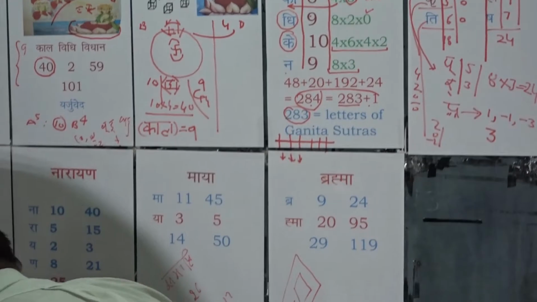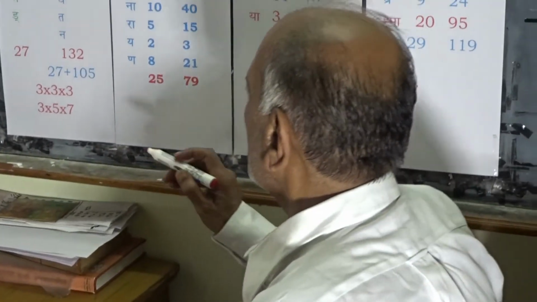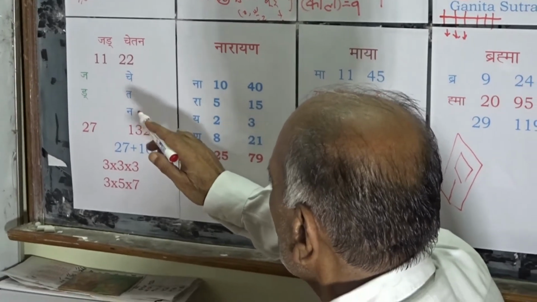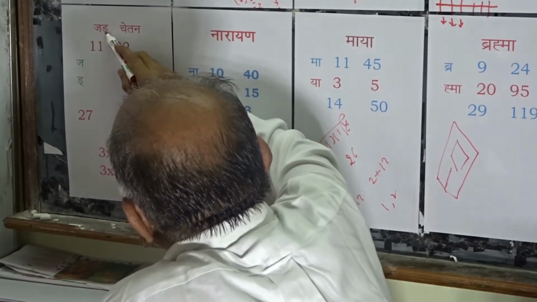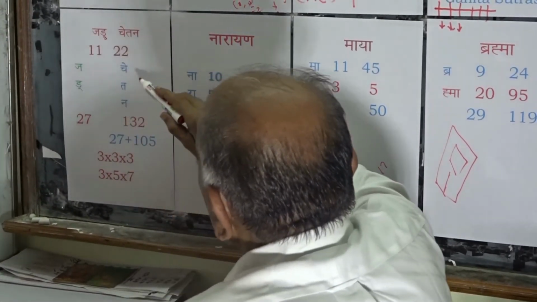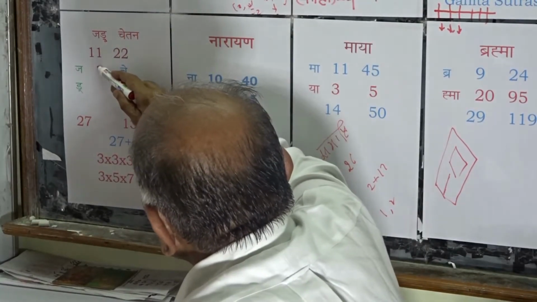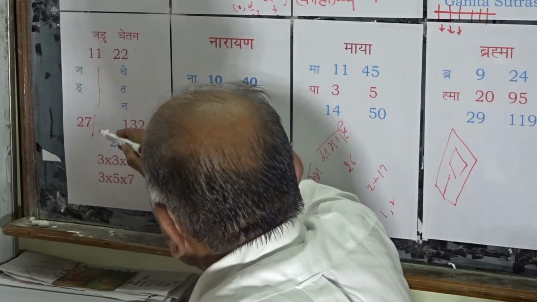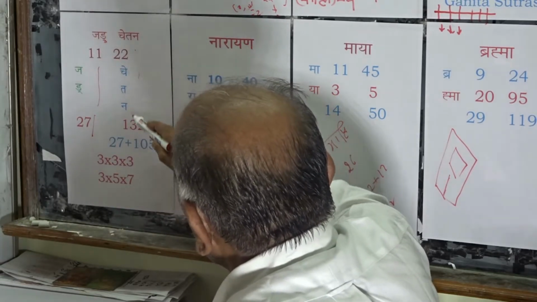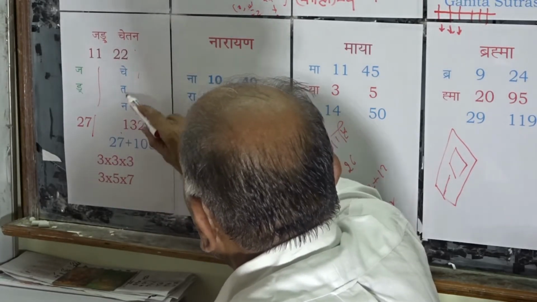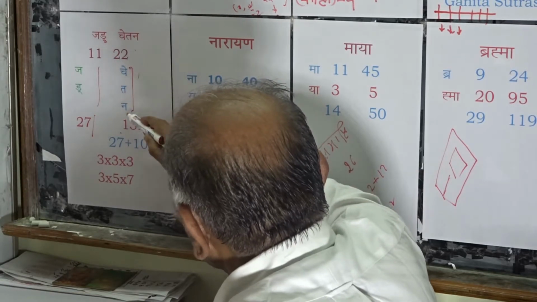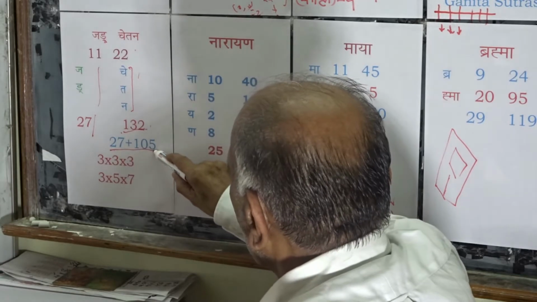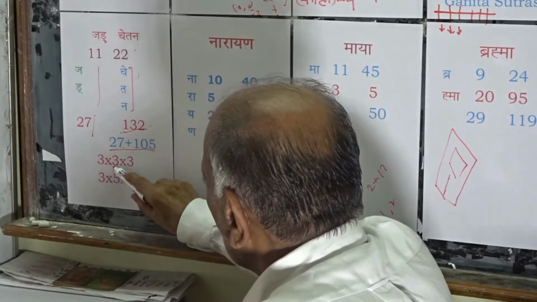revisit another formulation. One is Jad Chetan. This pair of formulations, Jad and Chetan, will lead us to values 11 and 22, transcendence values 27 and 22, and this will lead us to value 132, and 132 is the value 27 plus 105. This is value 3 into 3 into 3.